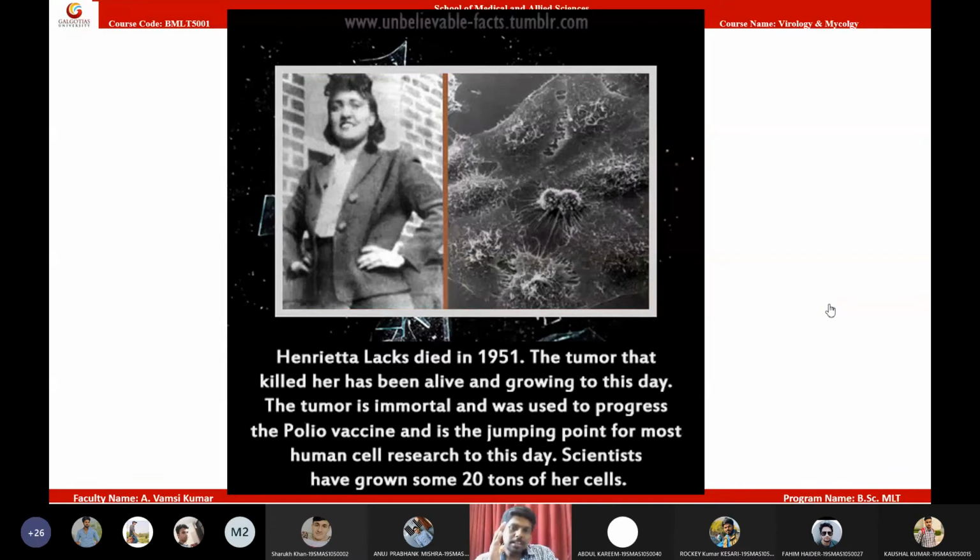By using Henrietta Lacks' cells, we came to know that there are 46 chromosomes in humans. By studying Henrietta's cells, we came to know the molecular machinery of human cells. By studying them, we got 32 Nobel Prize-winning scientists.